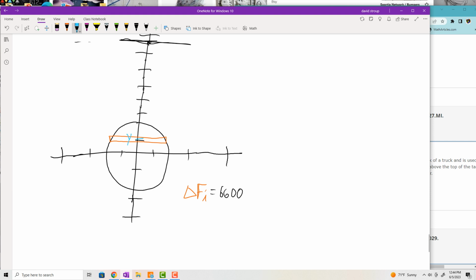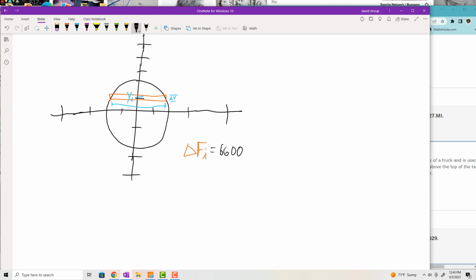So the position is at some position y sub i, and then this dimension is change in y, and then we need this distance here, which is going to be 2 times the function that gives you that circular formula. So the circle formula is x squared plus y squared equals radius squared. So the radius is 1.5, which is 3/2. We'll square that.